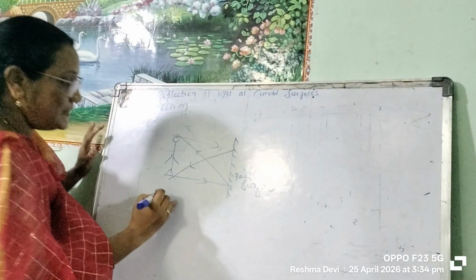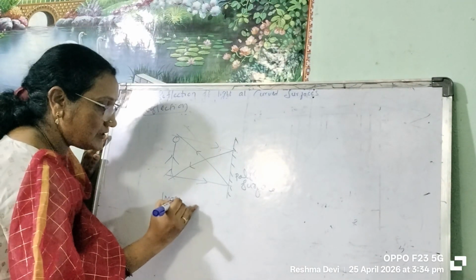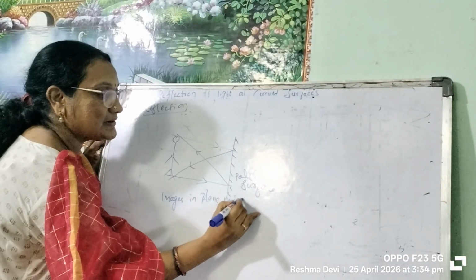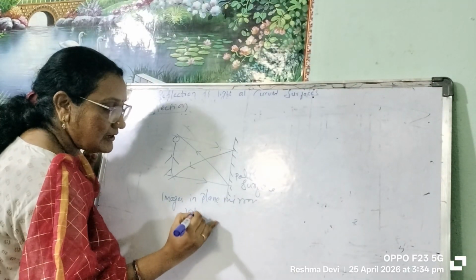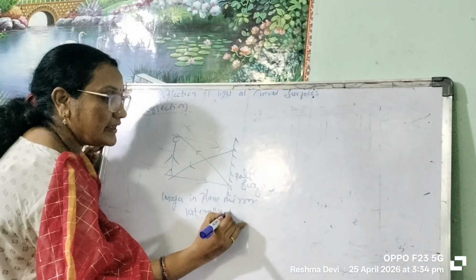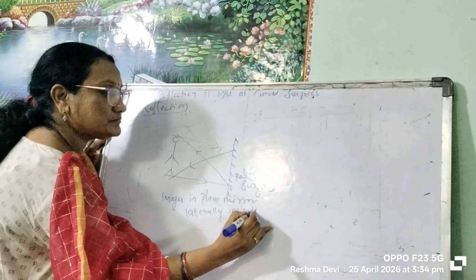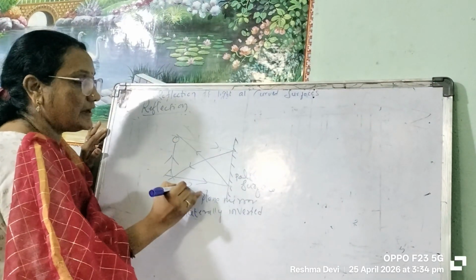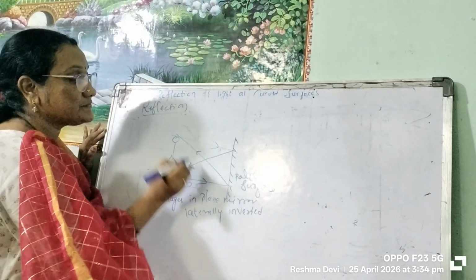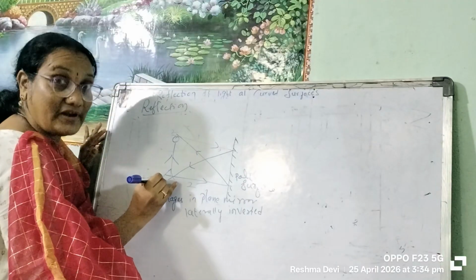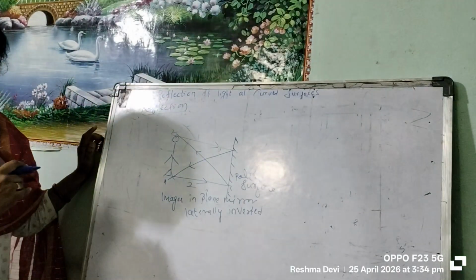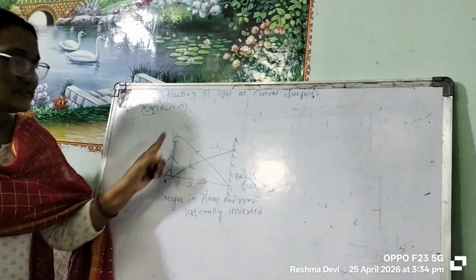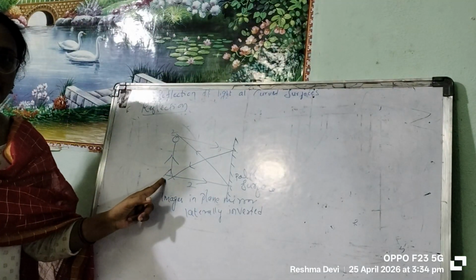And the images in a plane mirror are laterally inverted. See here, ray 1, ray 2. Now this is ray 2, reflected ray 1. Here, laterally inverted: ray 1 is coming this side, ray 2 is coming this side.